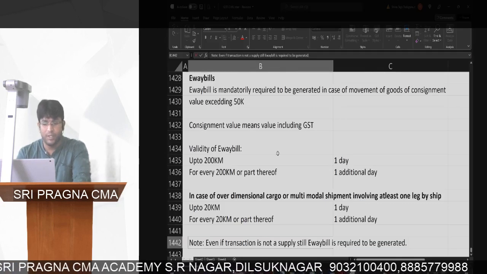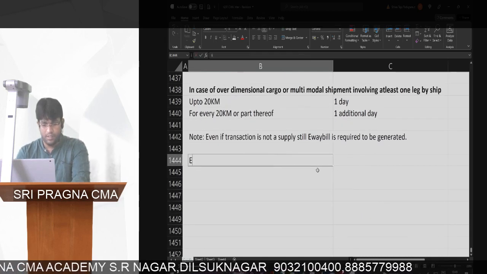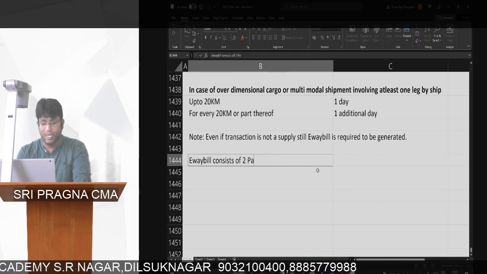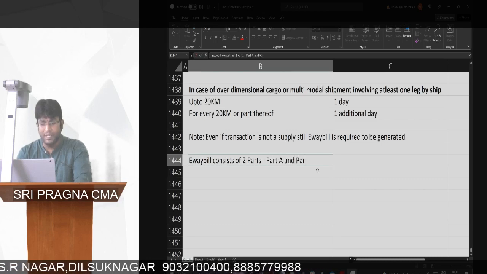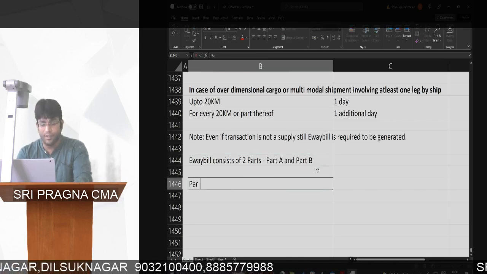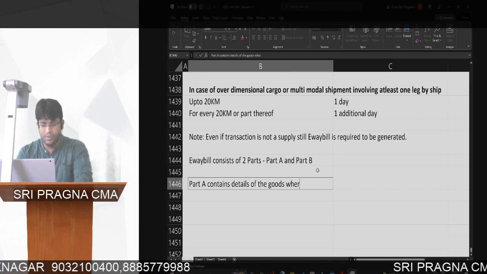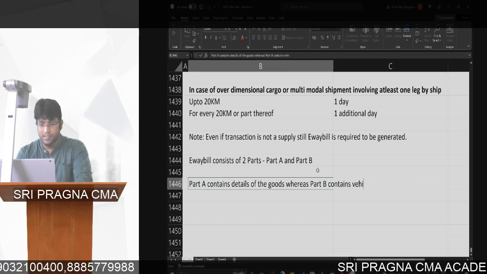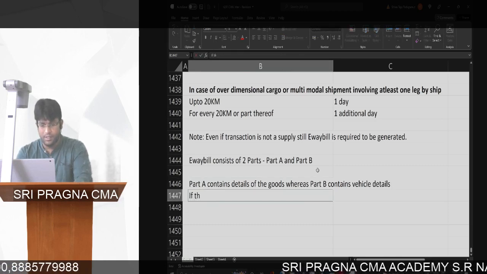Anyways, this point also I'll tell you. E-way bill consists of two parts, part A and part B. Part A contains details of the goods, whereas part B contains vehicle details.